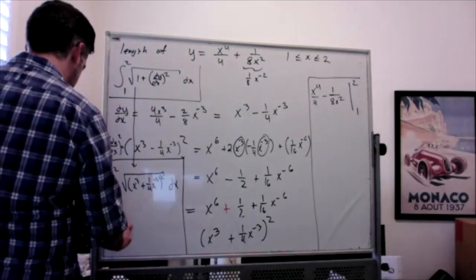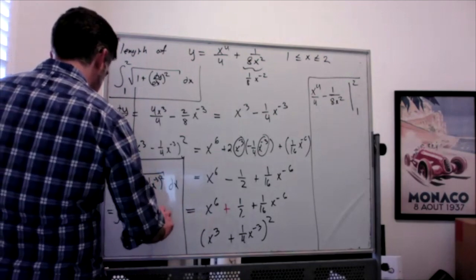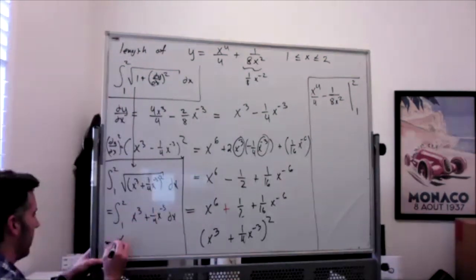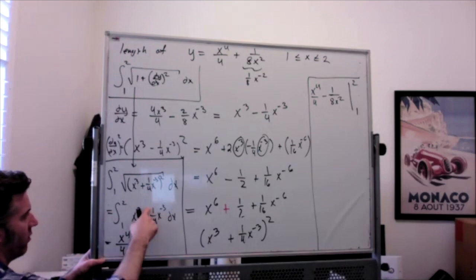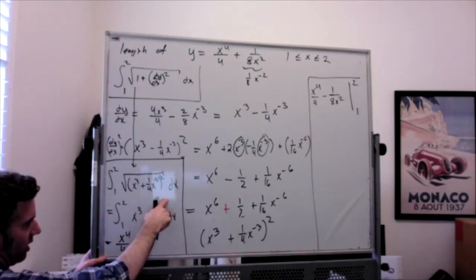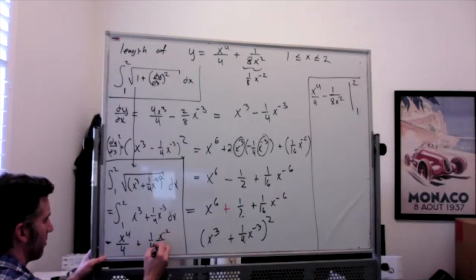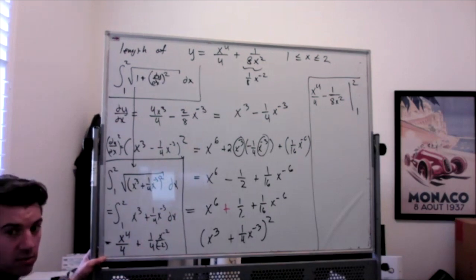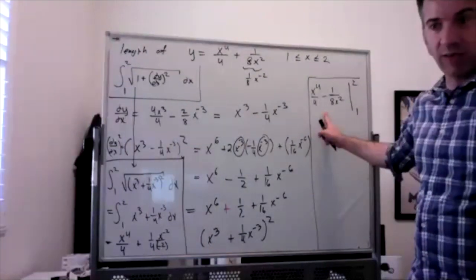Which is equal to the integral from 1 to 2 of x to the 3rd plus 1/4 x to the negative 3rd. And if we integrate that, we get x to the 4th over 4 plus 1/4 x to the negative 2nd over negative 2, which is going to be x to the 4th over 4 minus 1 over 8x squared. Just like we predicted.